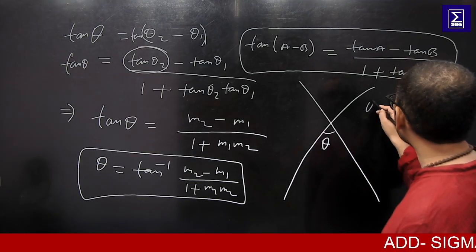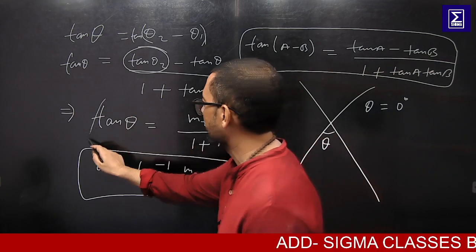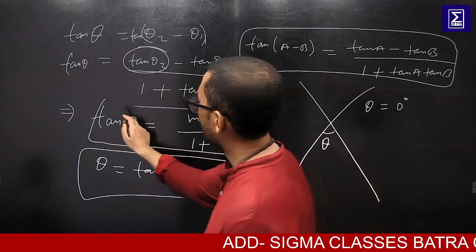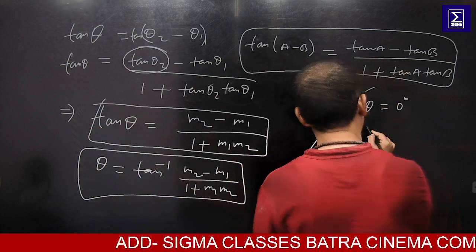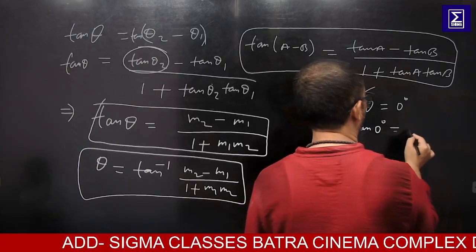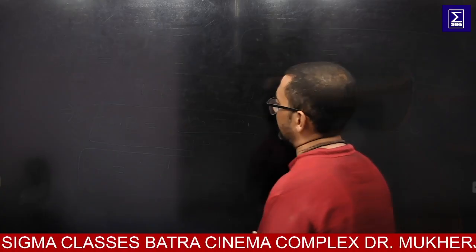So when theta is equal to 0 degrees, what will happen in this equation? Tan 0 is 0. I will write it in the next slide.